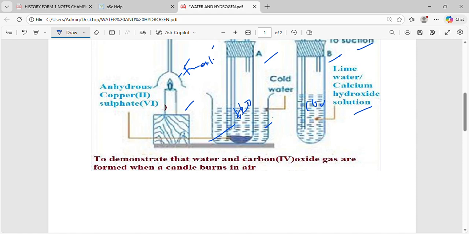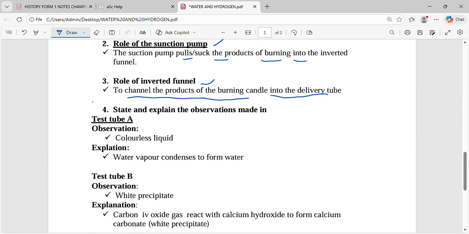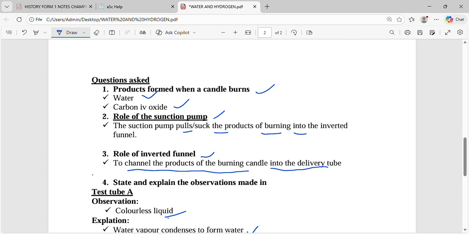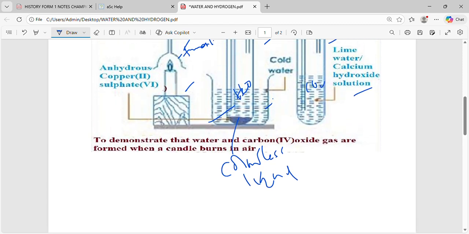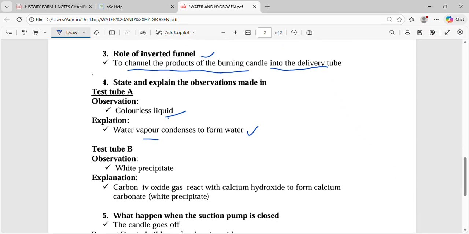Explanation: water vapor condenses to form water. The ice cold water condenses the water vapor to form water, and water is a colorless liquid.